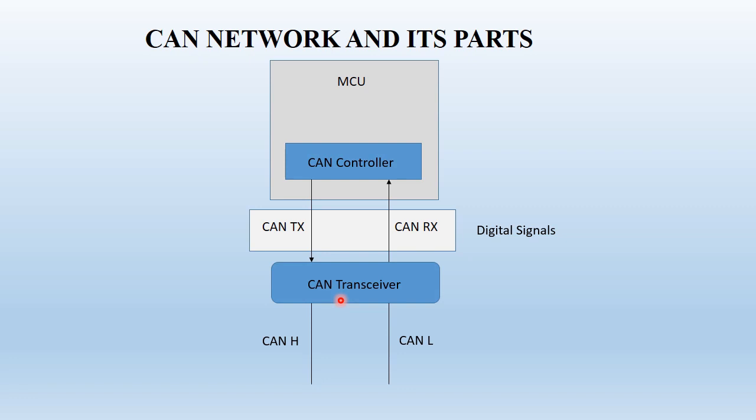The differential signals are used in order to communicate with another node. That is because the digital signals are good for very short range communication. But as I said, CAN was introduced for automobiles where you have to cover larger distances, like 1 meter to 3 meters, or even, in some cases, more than 40 meters.